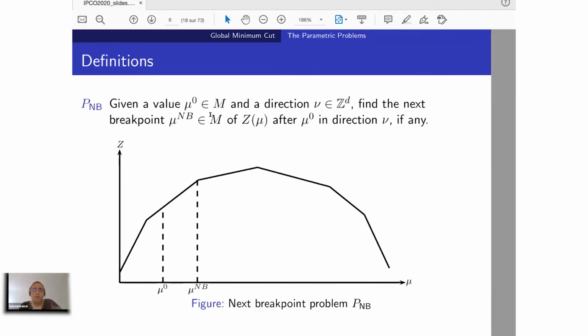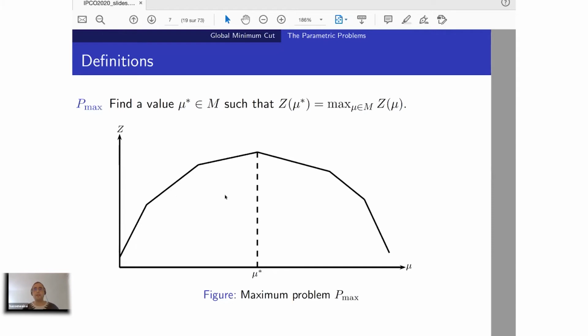We have a parameter mu 0 and a direction, and we would like to find, as shown in the picture below, the next breakpoint in the given direction after the starting point mu 0. This breakpoint may exist, and we would like to compute it if any.